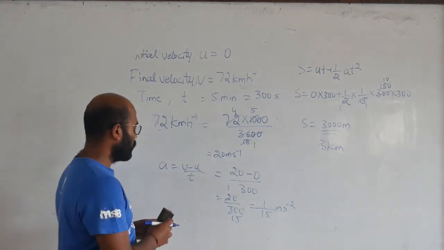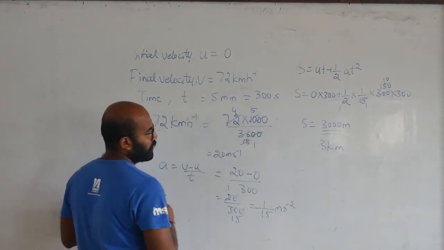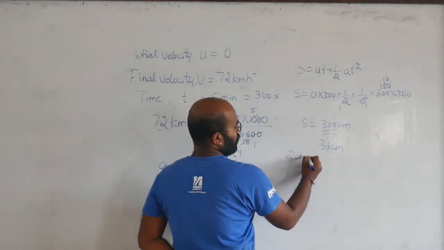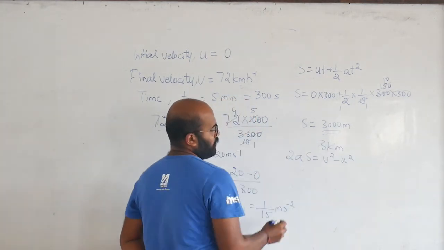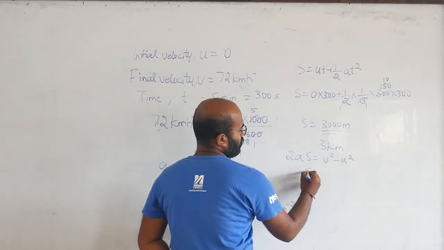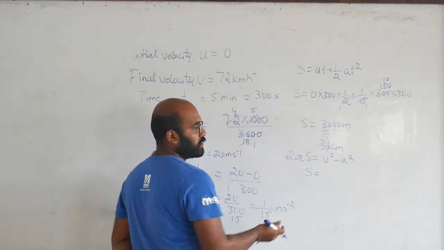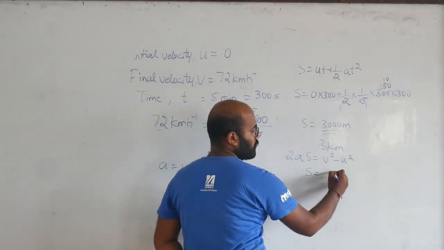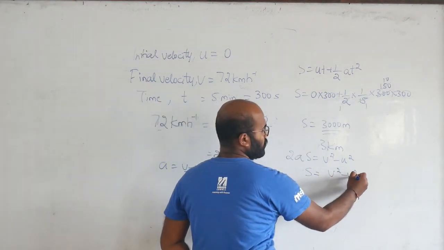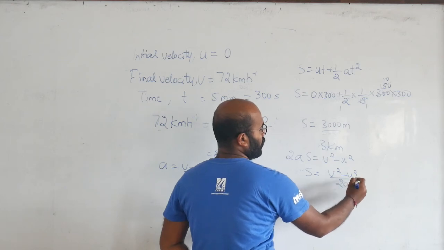Now let me solve using 2as is equal to v square minus u square. I need to find s, so I keep s on the LHS and take 2a to the RHS. So s is v square minus u square by 2a.